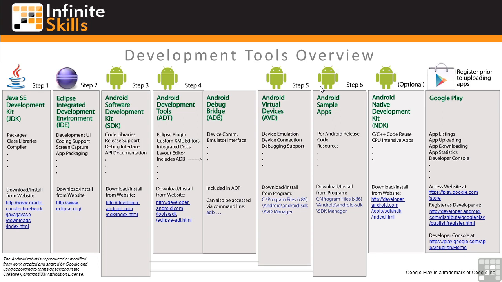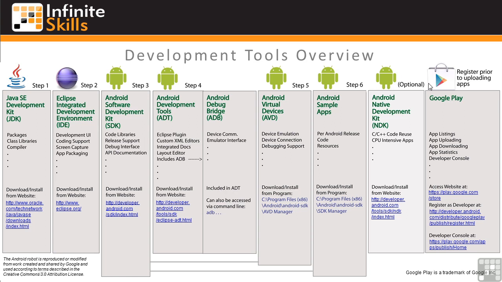Sample apps are Android release dependent, so you'll use sample apps built on the minimum Android release your app will run on. The Android Native Development Kit, or NDK, can be downloaded from the Android developer's website. We won't be using it for this course, but I'll give you a description of what it does in a later lesson.